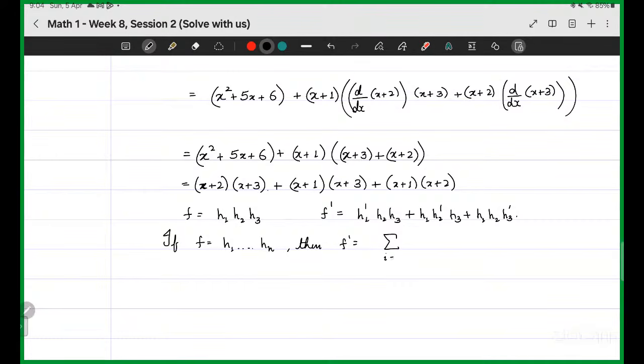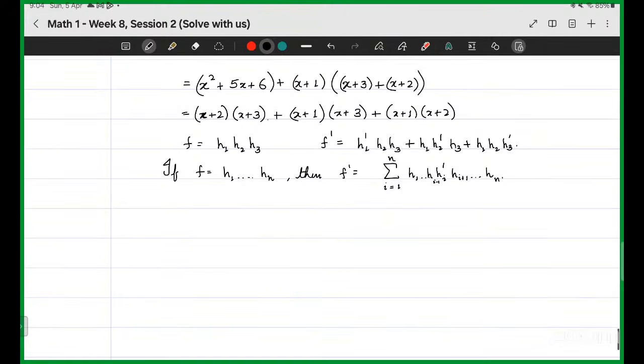Something like this: h1, hi prime, hi plus 1, and so on up to hn. It's a complicated way of writing it, but it's compact and it is correct. So you'll have n terms. In each of the terms, only one term, the ith function, will have the derivative, and the rest will be as it is.